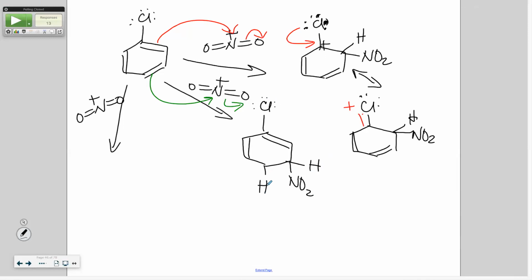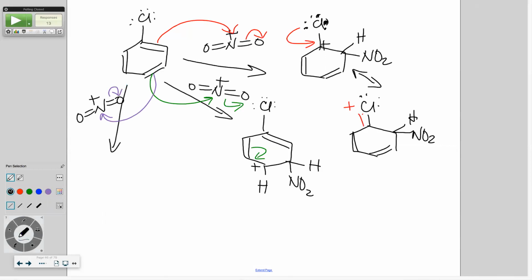What does this carbon get? Do you see that if you do resonance forms for this, where does the plus end up? Here, and then that one can move over and the plus is going to end up there. So notice the chlorine doesn't get to help. But when you add to the para spot, look what will happen.